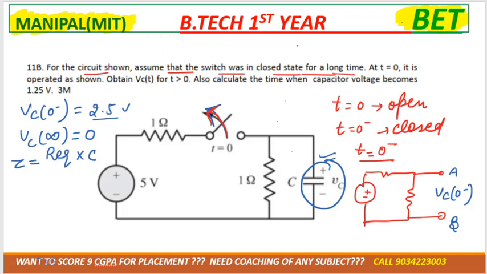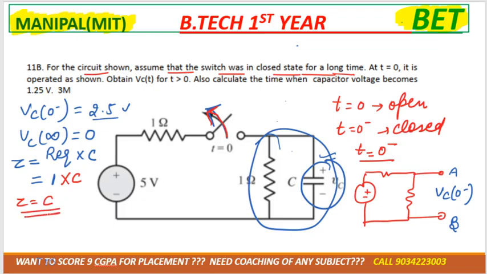So in that case R equivalent is only 1, that is we'll consider this one only, right? And the C value they didn't mention, so we'll take it as C only. Tau is equal to C, correct?